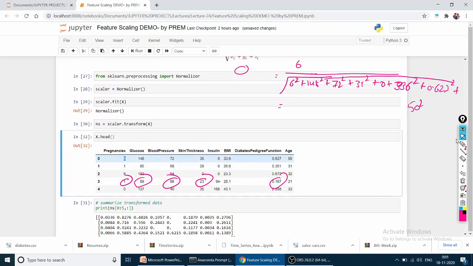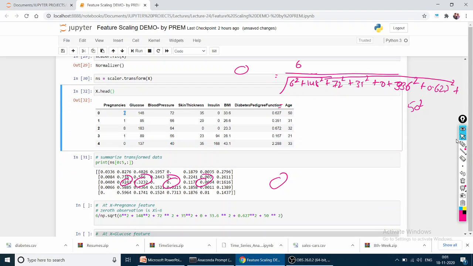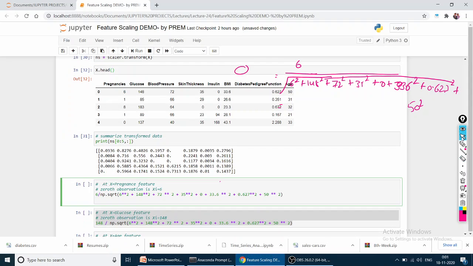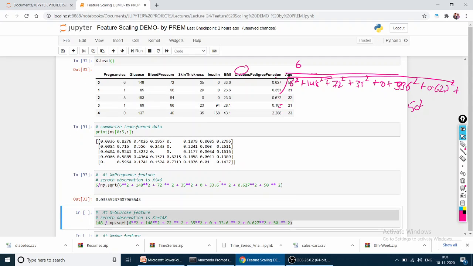Here this is the 6, meaning xi, over np dot square root of 6 square plus 148 square plus 72 square, 35 square, 0 square, 33.6 square, 0.627 square, 50 square. These are the input features.